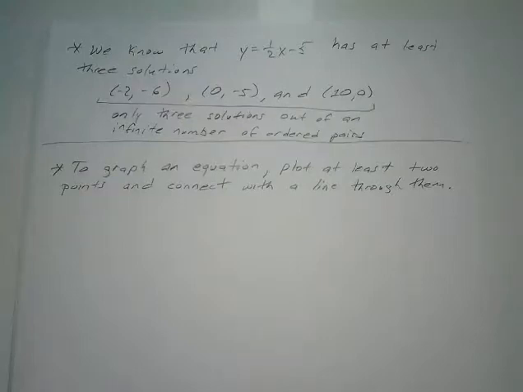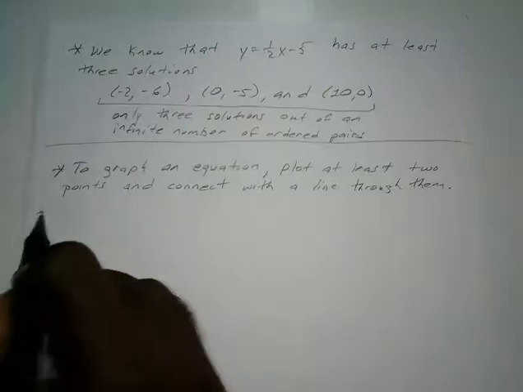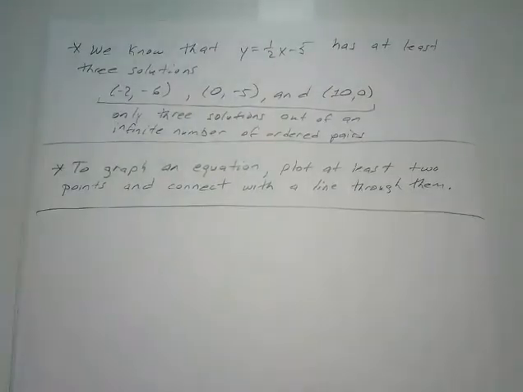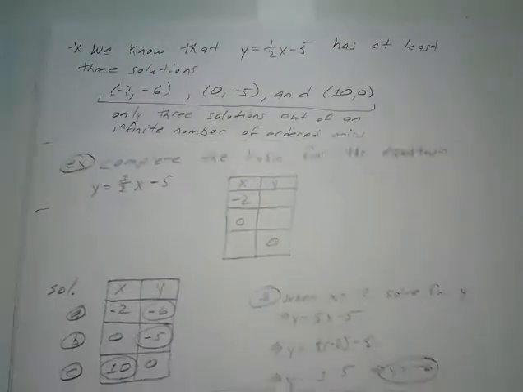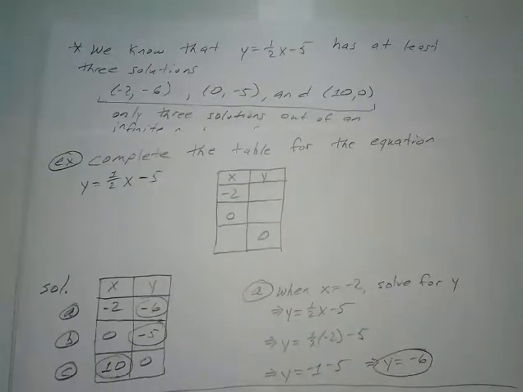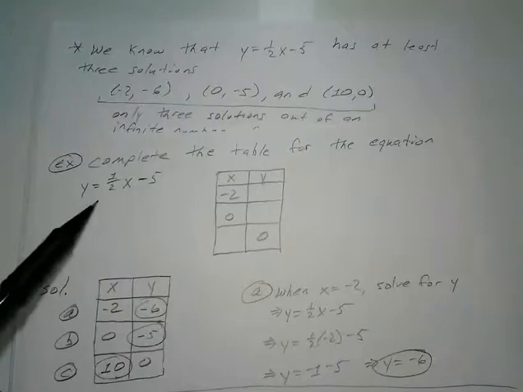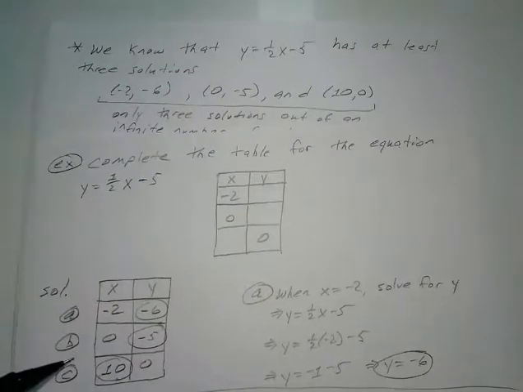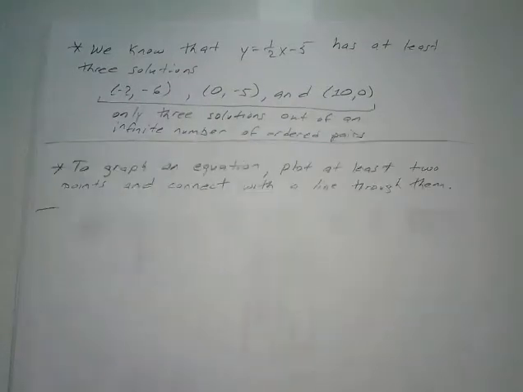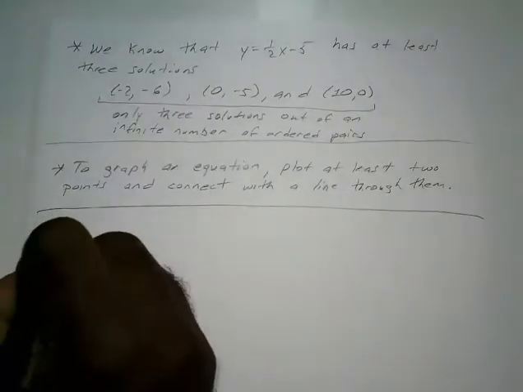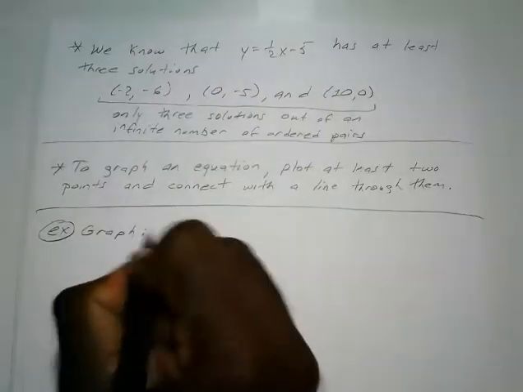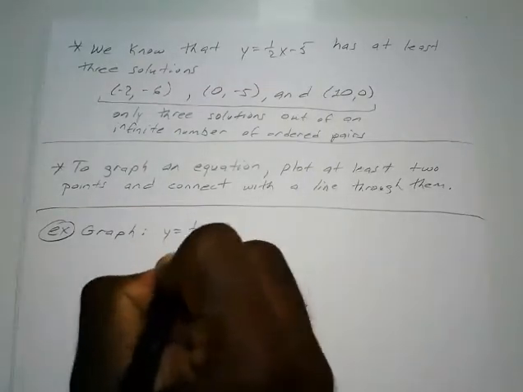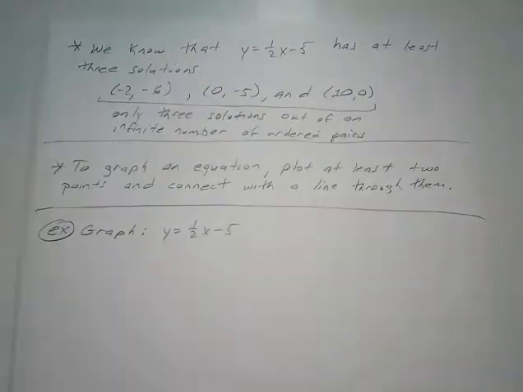All right. So let's say, for example, again, looking at our previous example, this is just the example we just did. We're now going to graph that using the table that we just filled out. So what if we wanted to graph y equals 1/2 x minus 5?